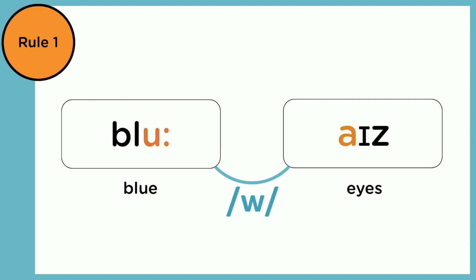So let me give you an example. Take this adjective, blue. It ends in oo, blue. And the next word is eyes. So I could say I have blue eyes, but to make it sound far more natural, I say blue eyes. You have blue eyes. I have blue eyes. Gotcha.